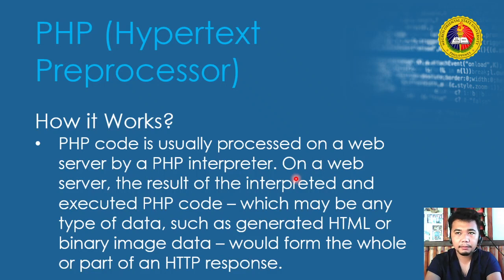Again, if you can remember, browsers cannot read PHP codes. So that's why web servers have to translate those PHP codes to HTML so that the browser will be able to understand them. Okay, and what better way to translate those than using the PHP interpreter.